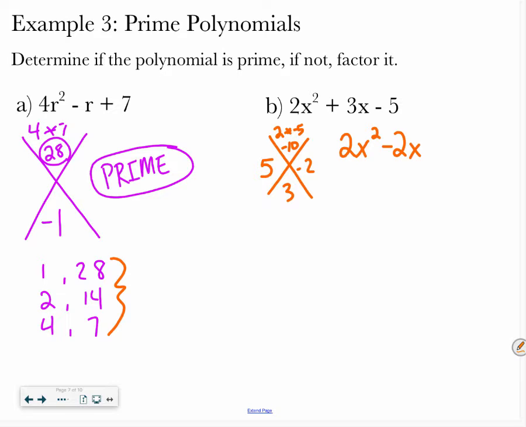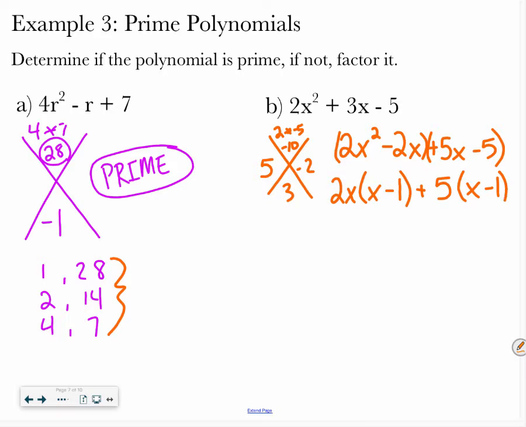So I have minus 2x plus 5x minus 5. And then if I go through to my parentheses, I have 2x in common, so I'm left with x minus 1, plus I have a 5 in common here, so x minus 1.